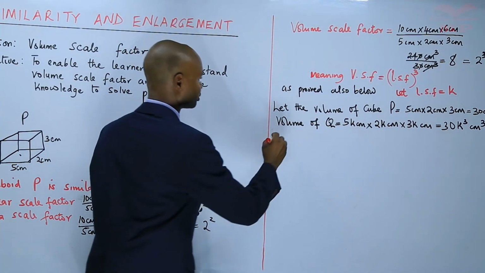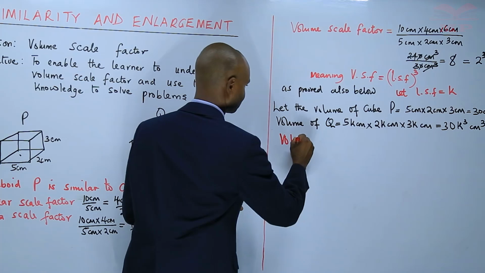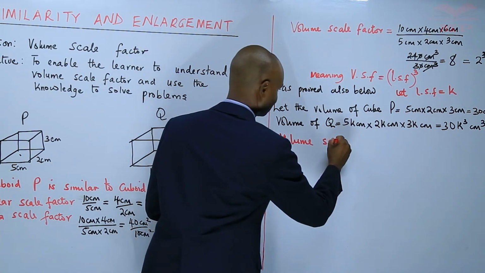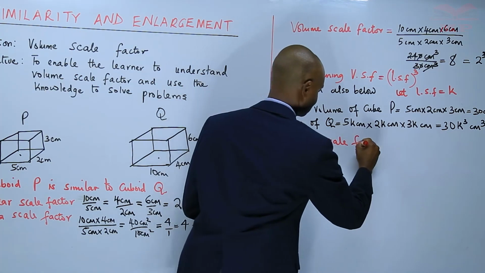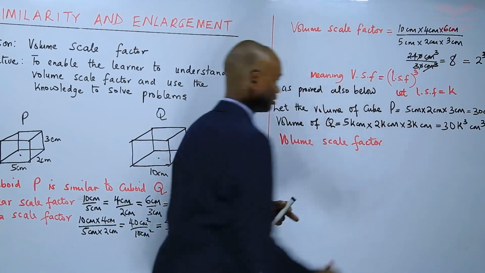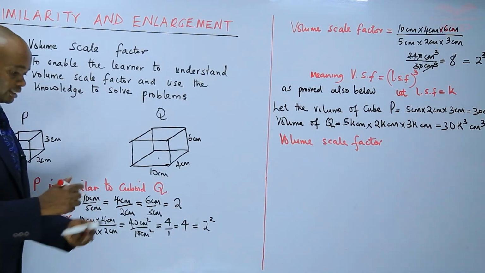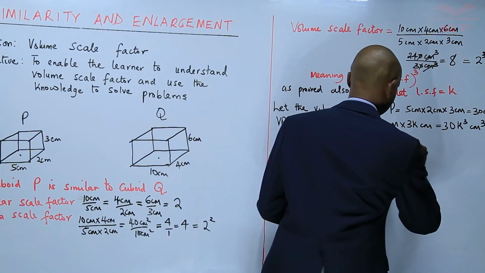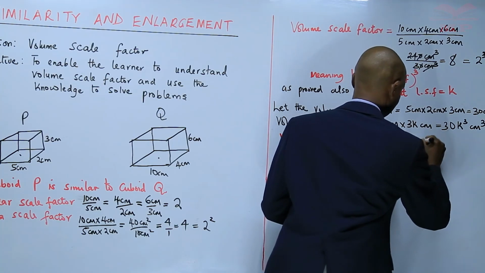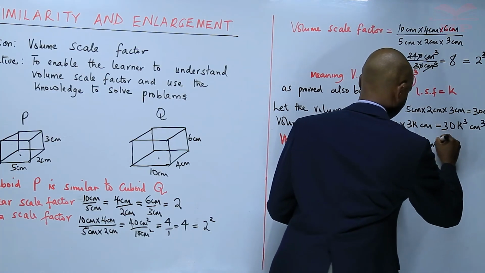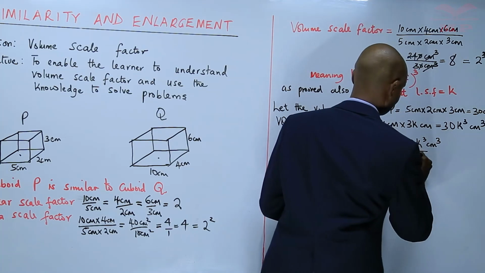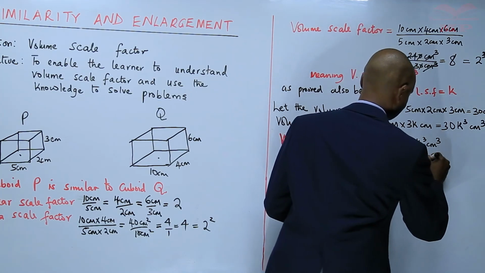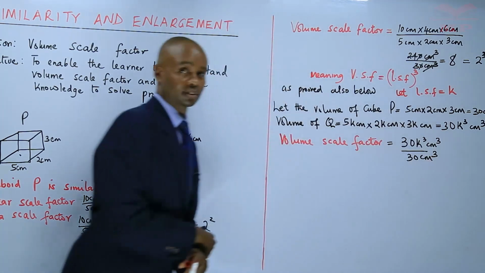So my volume scale factor will be equal to 30K cubed centimeters cubed over 30 centimeters cubed.